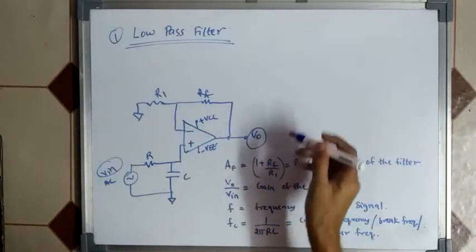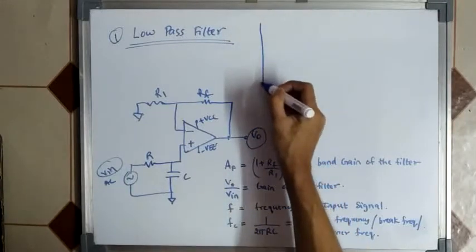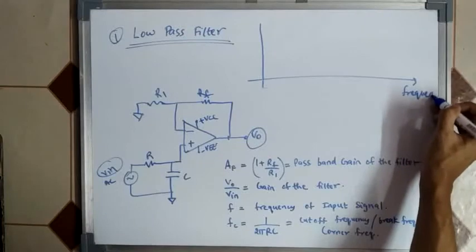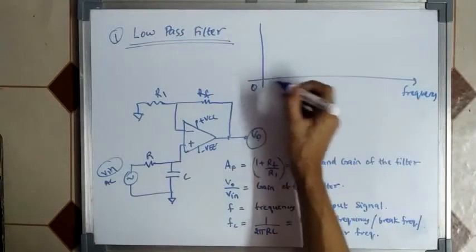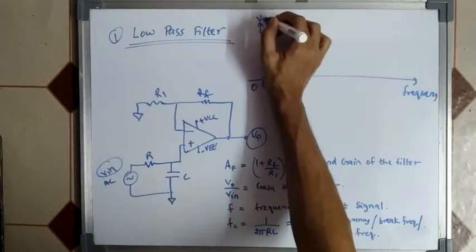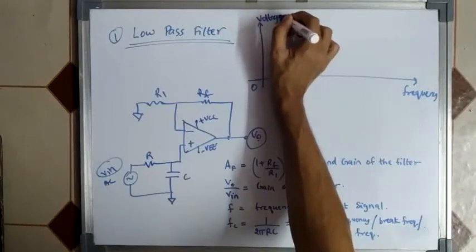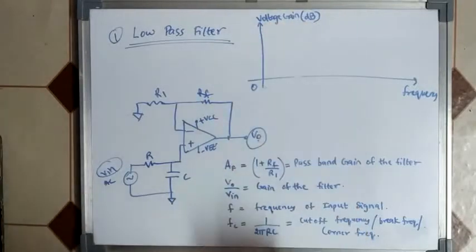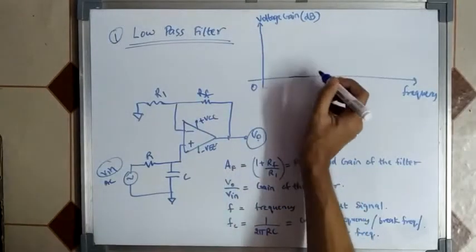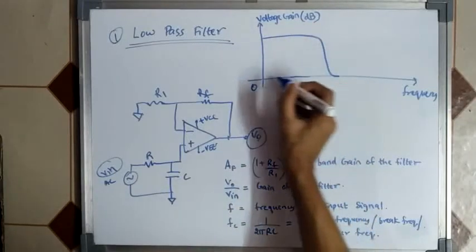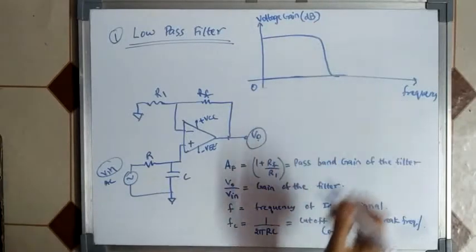Now let's draw the frequency response of the low pass filter, which we will obtain at the output. On the x-axis we have frequency, on the y-axis we have voltage gain in decibels, dB. In the frequency response we get this kind of waveform.